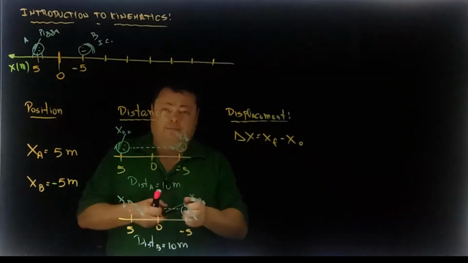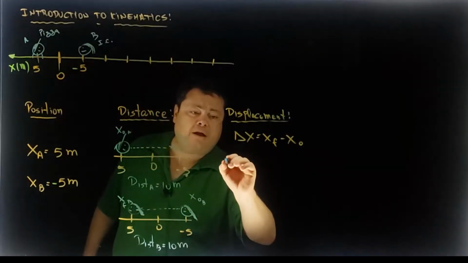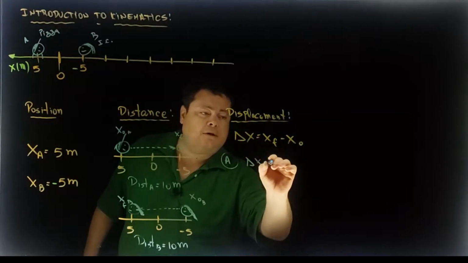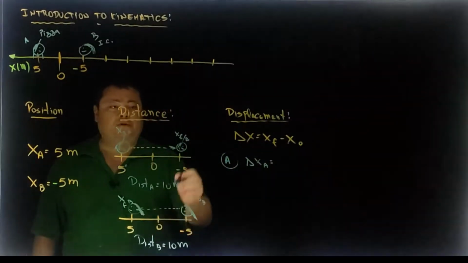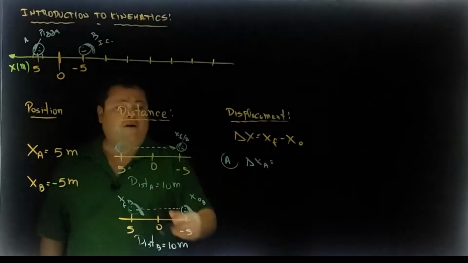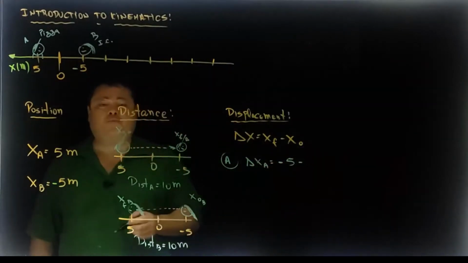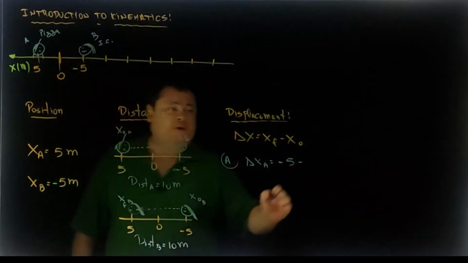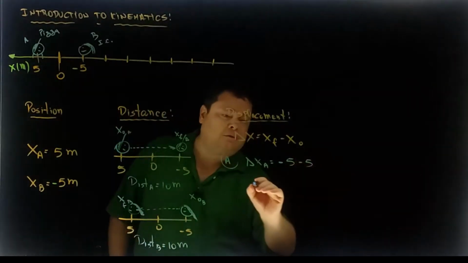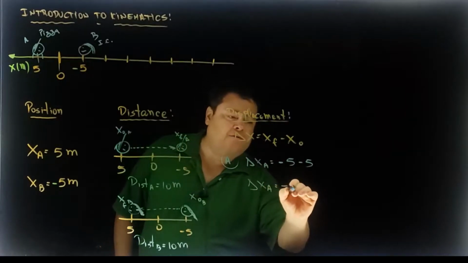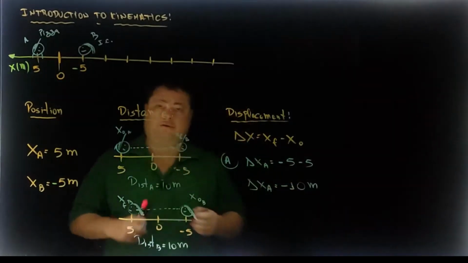So for A, his displacement is going to be his final position, negative 5 meters, minus his initial position, 5 meters. So his displacement is negative 10 meters.